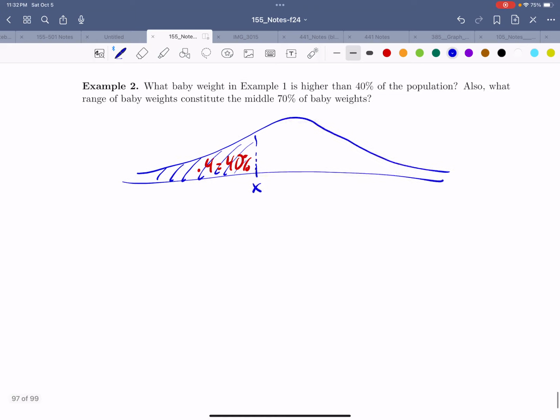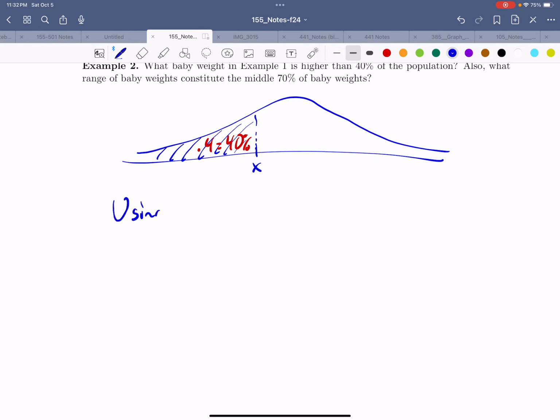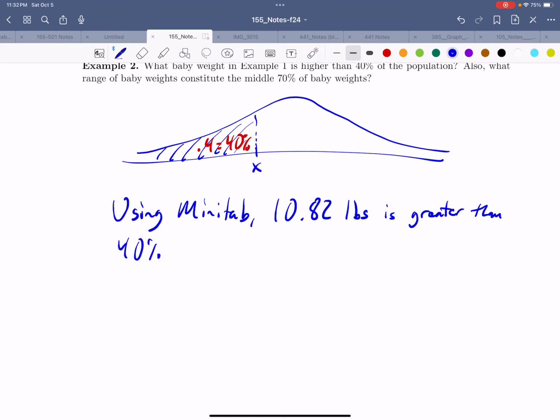So we'll just say 10.82 pounds is greater than 40% of the population.